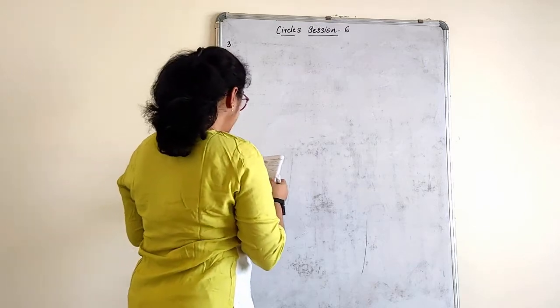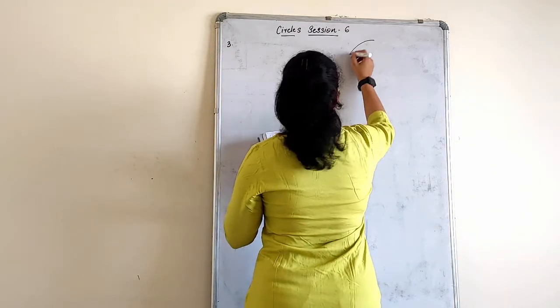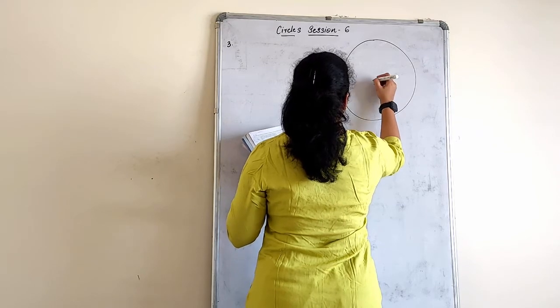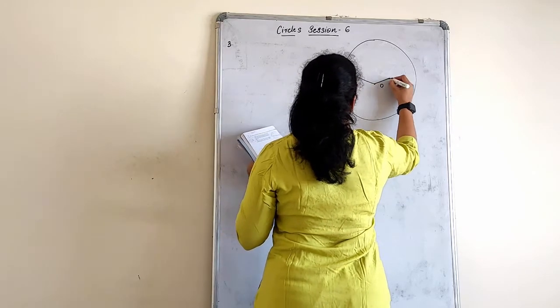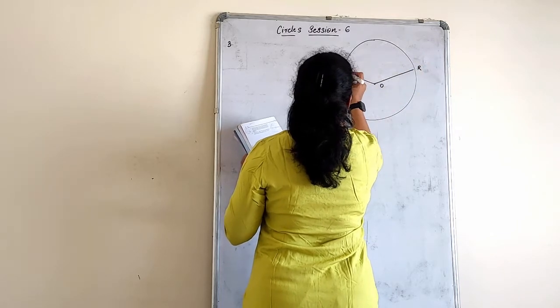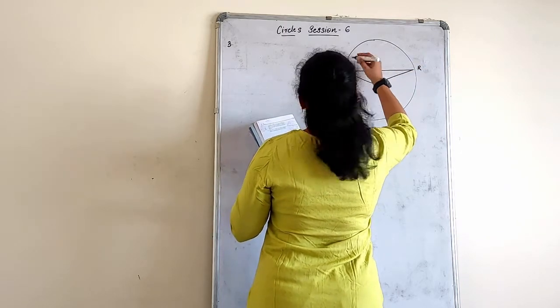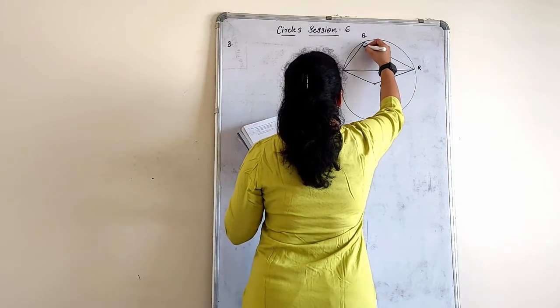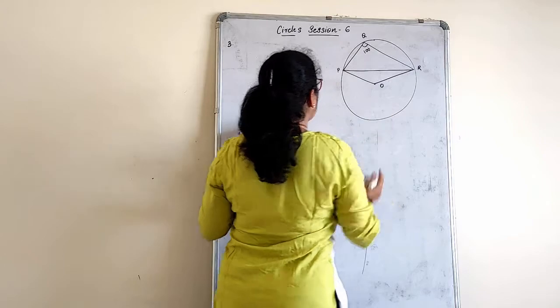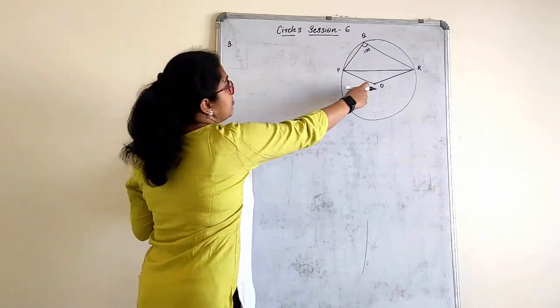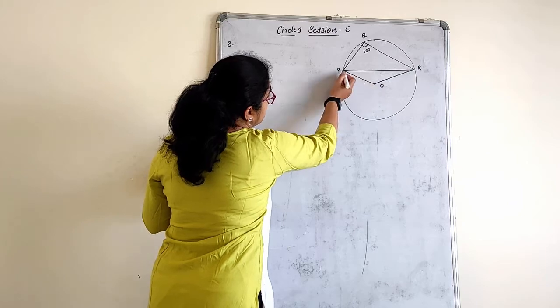Third one, in the figure, this is the center, that is O, this is P, this is R, and this is Q. Angle PQR is 100. POQ is not a diameter, because it is given in this.